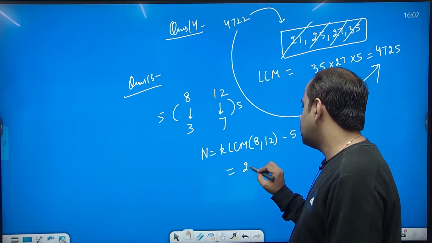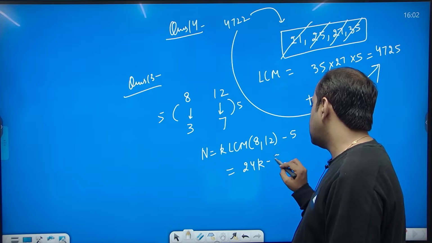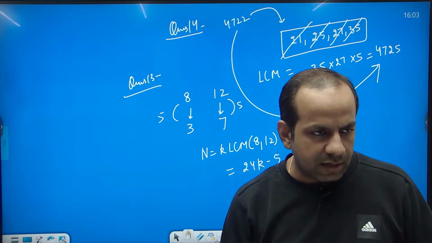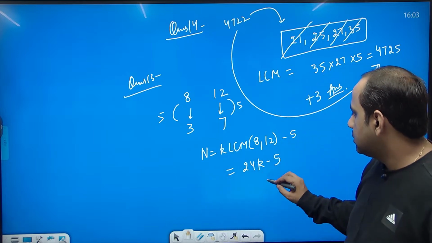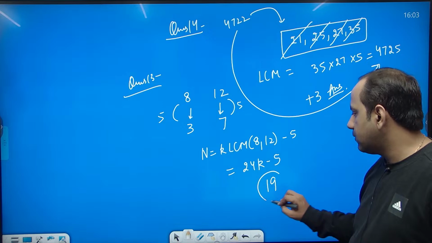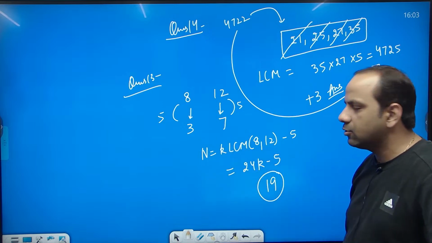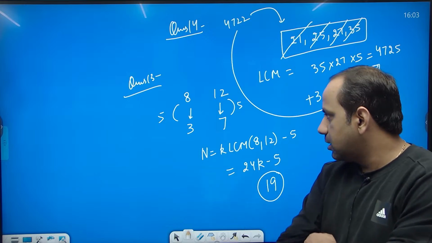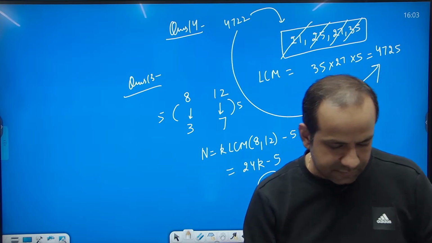So it will be 24k minus 5. Any doubt in this? So we can substitute k is equal to 1 here. Your answer is. और जब भी आंसर आए ना एक बार वेरीफाई जरूर करके देख लिया करो. क्या 19 को 8 से डिवाइड करके 3 रिमाइंडर आ रहा है और 12 से करके 7 आ रहा है ना. तो 19 इज द करेक्ट आंसर.